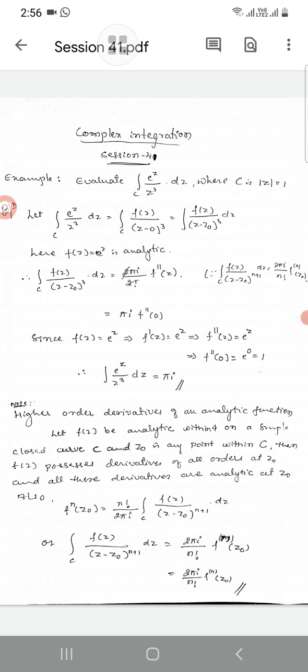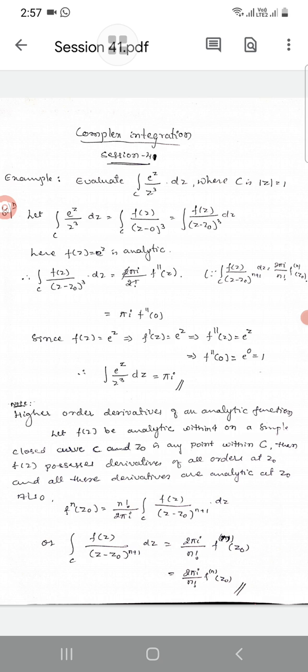So here n is the order of the derivative. However many times n is, that is the order of the derivative of the function.